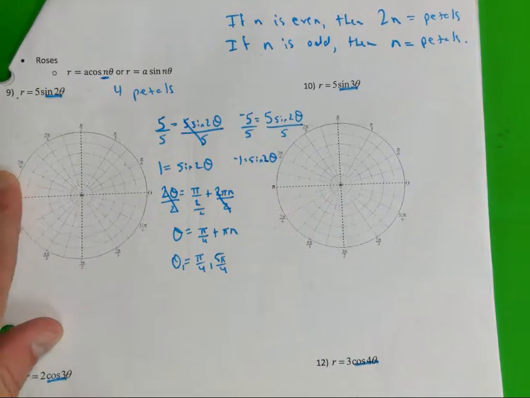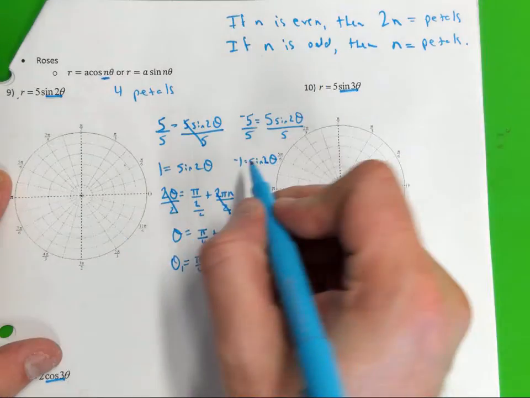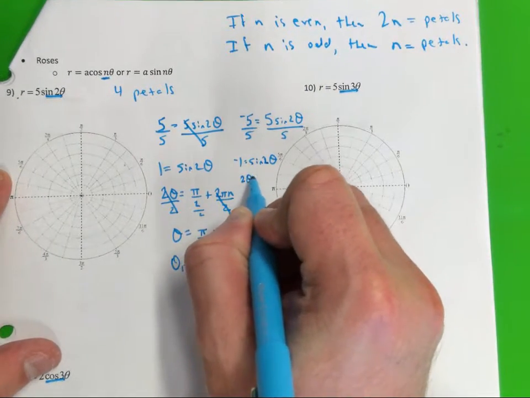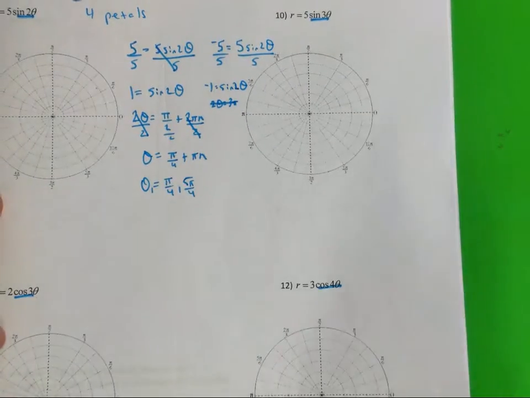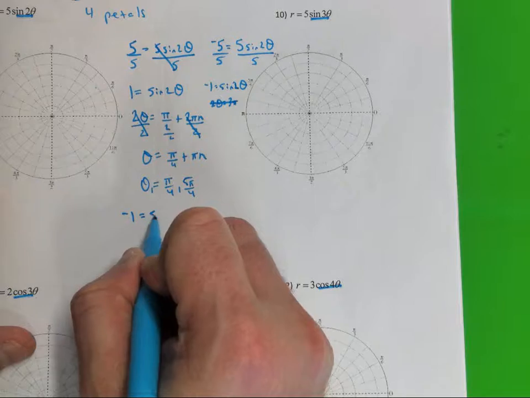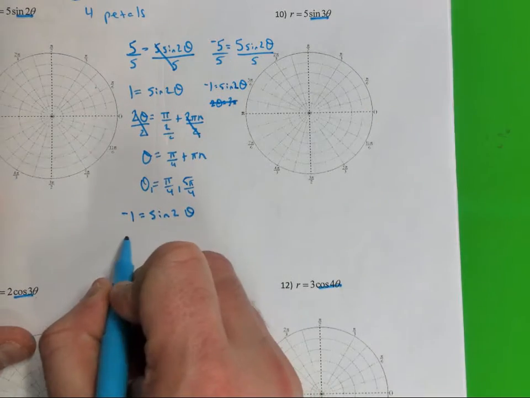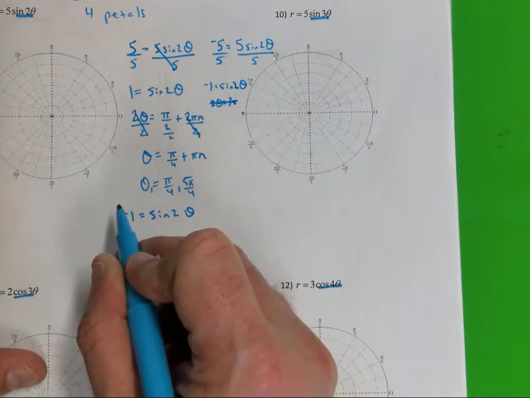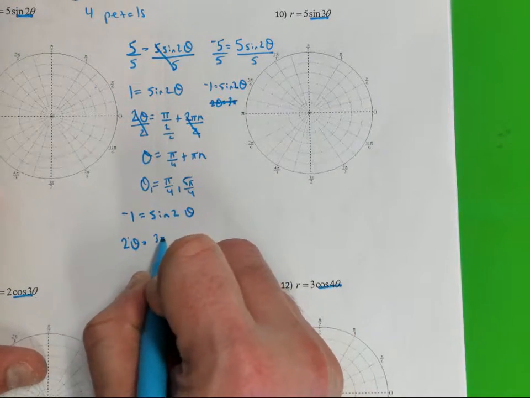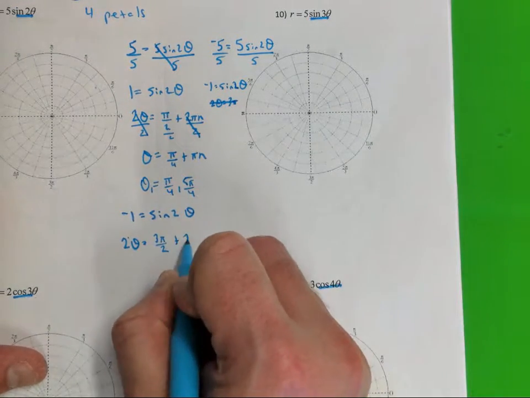Negative 1 equals sine of 2 theta. Negative 1 equals sine 2 theta. Okay, so 2 theta would equal, what value gives me a sine of negative 1? That's 3 pi over 2 plus 2 pi n.